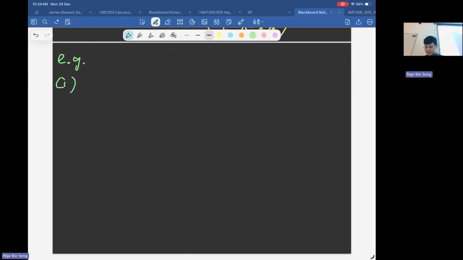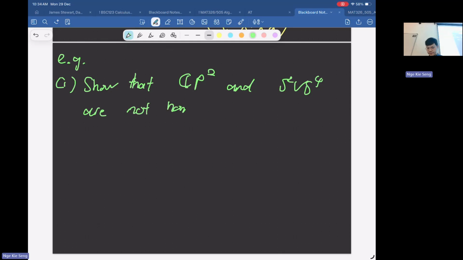Okay, we want to show that CP2 and S2 wedge S4 are not homotopy equivalent. Okay, this is what we want to show. So we can use what we know from the previous theorem.